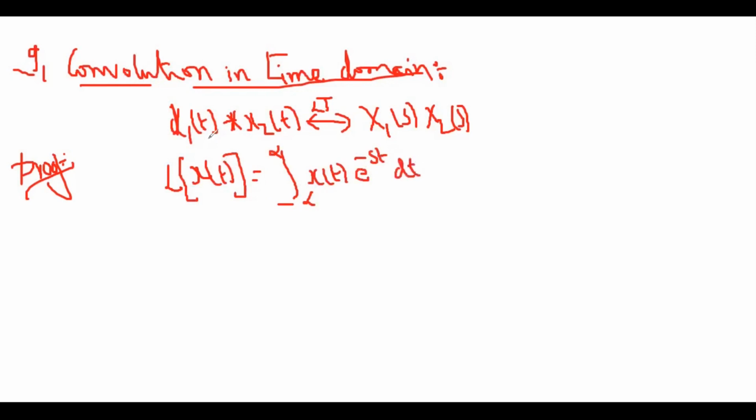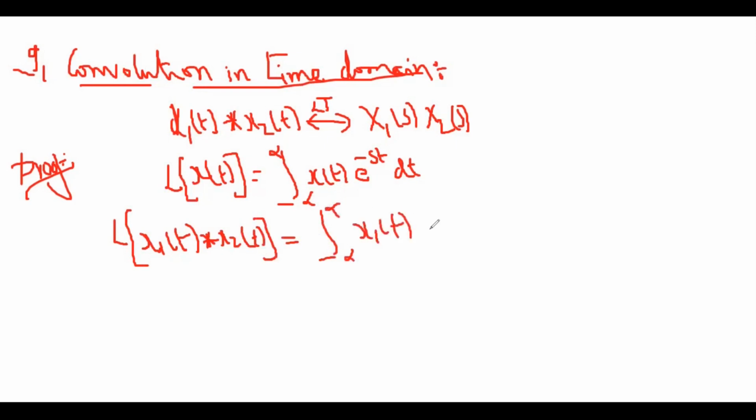I'm taking minus infinity to infinity, which means the bilateral Laplace transformation. Now, what is x of t? I'm using the Laplace transformation of x1 of t convolved with x2 of t, which is equal to the integral from minus infinity to infinity of x1 of t convolved with x2 of t, times e power minus st dt.